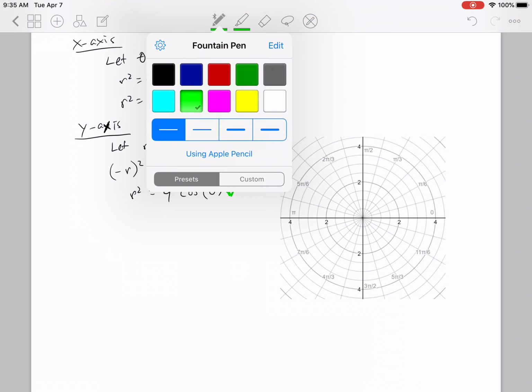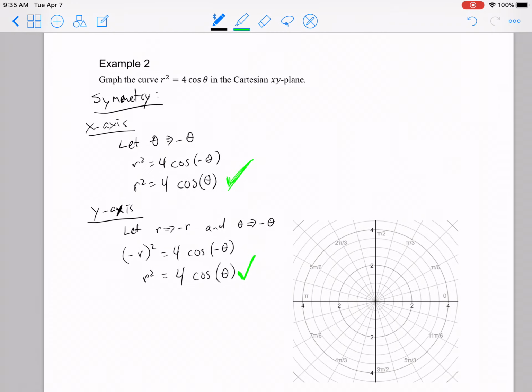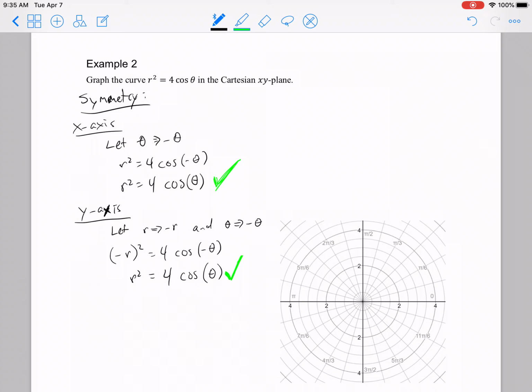Okay? And so next, let's try the origin. And here, what we want to do is the only other option. We can let r go to negative r. And again, we get negative r squared equals 4 cosine theta.